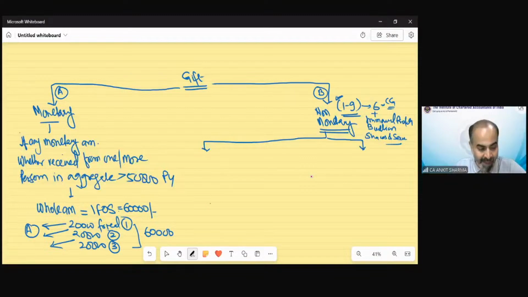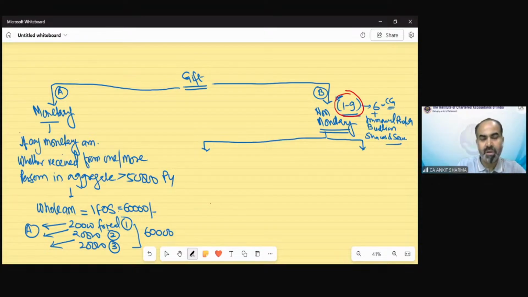Whenever we see that there is a gift, we think, okay, let's apply the provision of income from other source, whether without consideration or inadequate consideration. But first of all, you have to check whether that asset falls in these 9 assets or not. Like, in these 9 assets, car is not included. So if somebody is giving his car as a gift to someone, whether without consideration or inadequate, do not apply any provisions of income from other source in the hands of receiver.